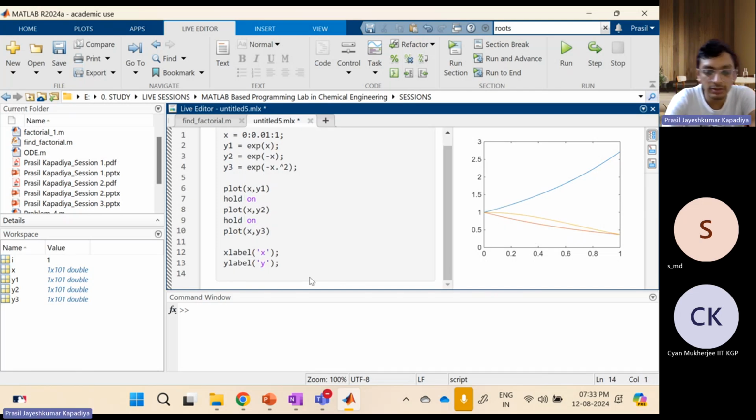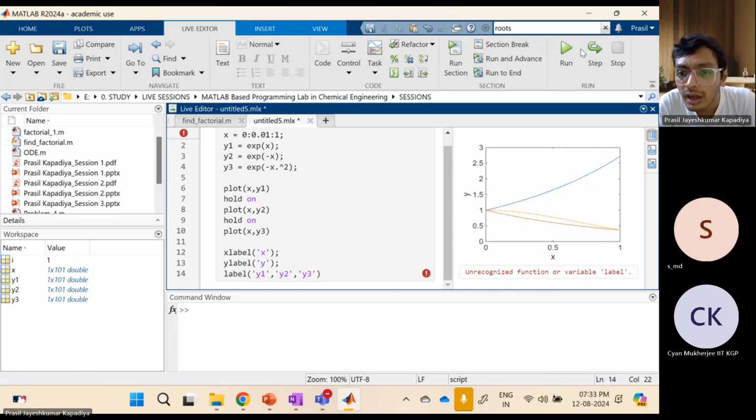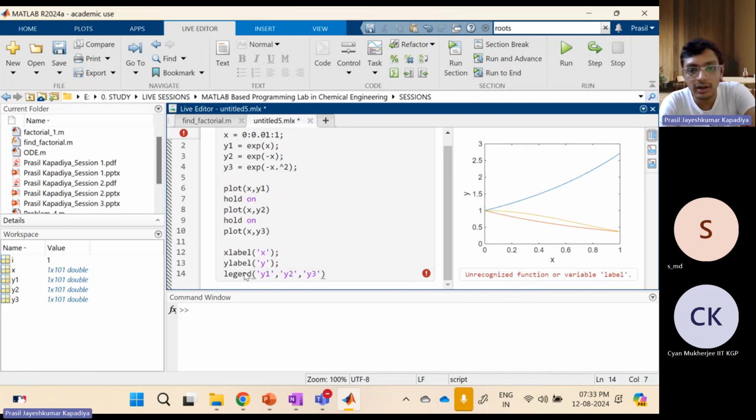Using legend. So my first plot is y1, then my second plot is y2, and then my third plot is y3. Okay, let's say I'm running it. Label, not label, sorry, legend.